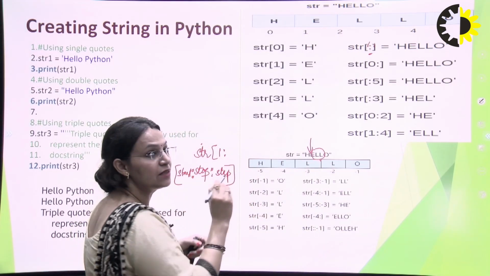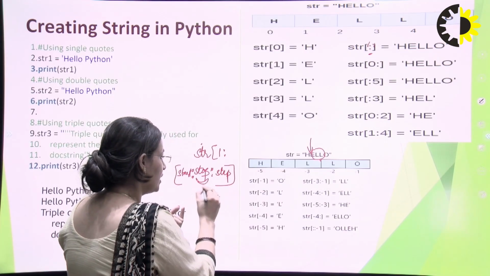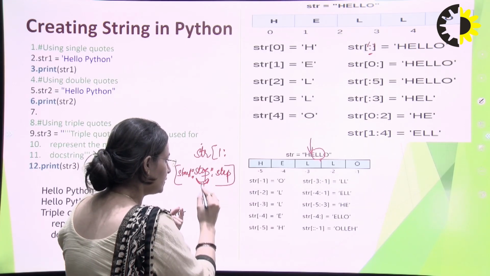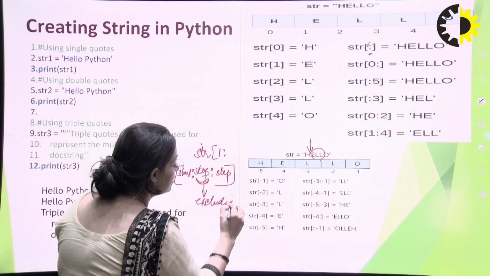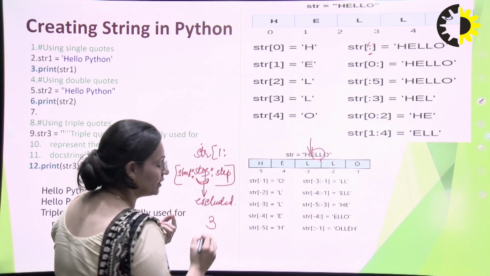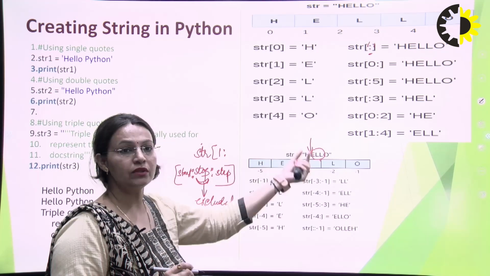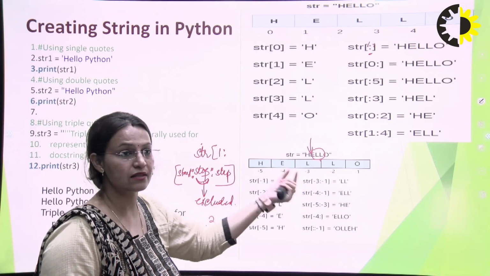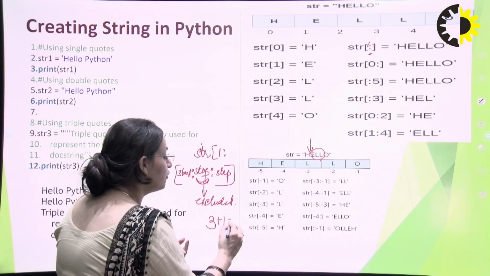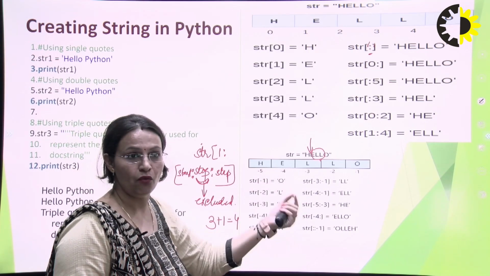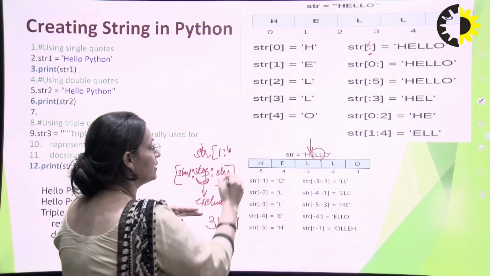So 3 is written, but whatever value the stop has, that index will be excluded. If I write 3, the third index will be excluded, but I want to include it in my output, so I increment this number by 1. I write 4, so the fourth index is excluded and it includes up to the third index. That's why I have to write 4.